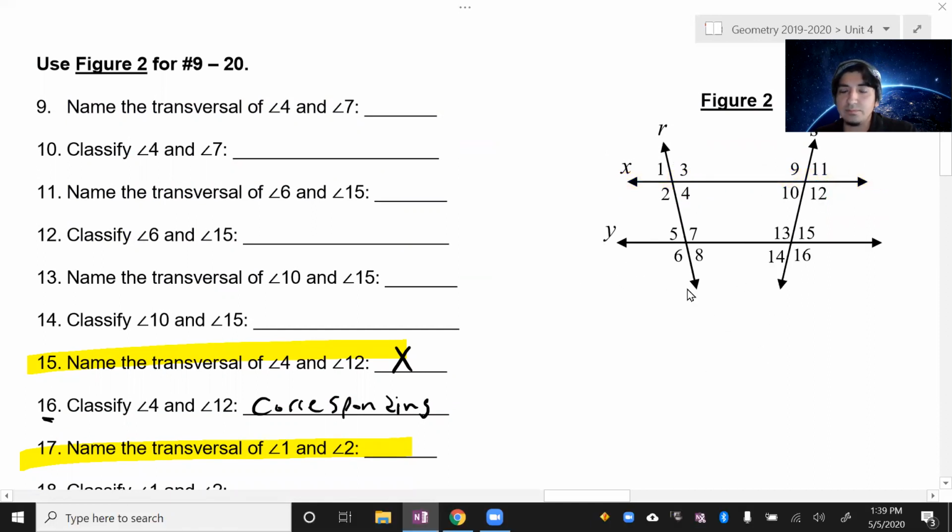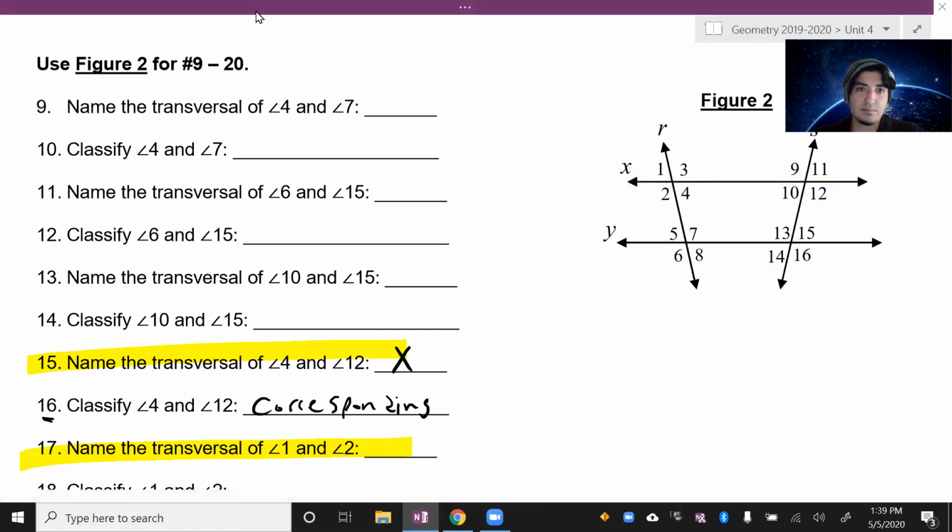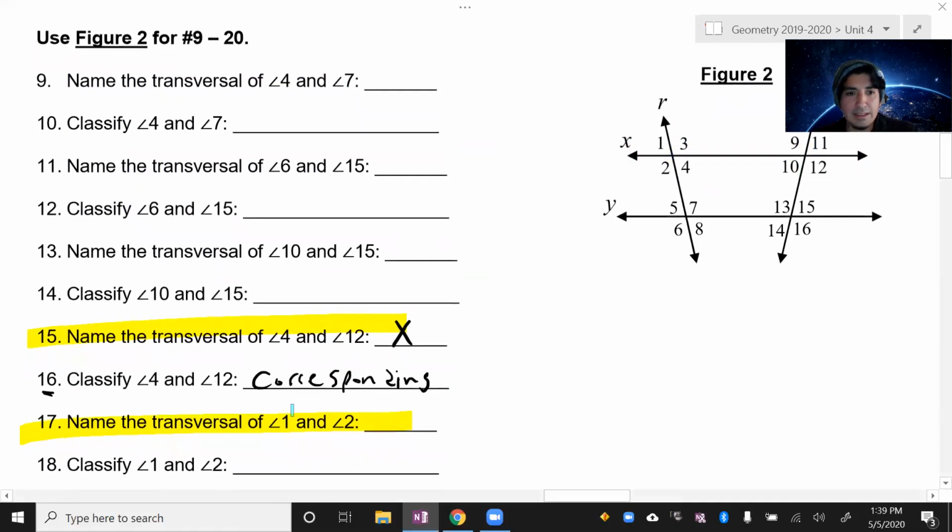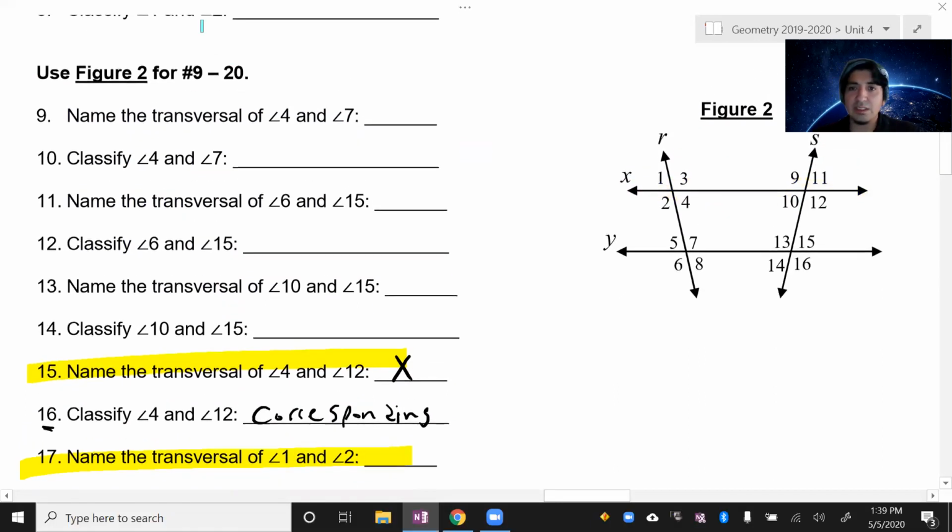Now, the transversal that connects 1 and 2. As we go with this one, I have this angle and I have that angle, and they create a line here, and that's what connects them both.